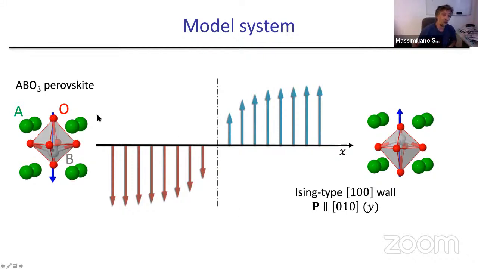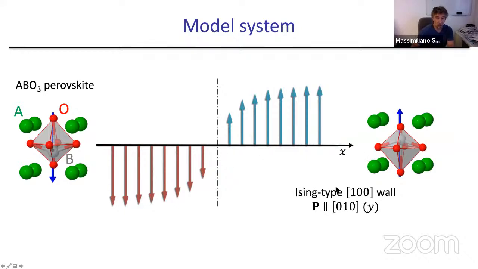So the materials we'll be dealing with are our beloved ABO3 perovskites. The structure is sketched here. We have an A-site cation that can be barium or lead. And then we have an oxygen octahedron with the B-site cation in the middle, that can typically be titanium or other types of transition metal atoms.